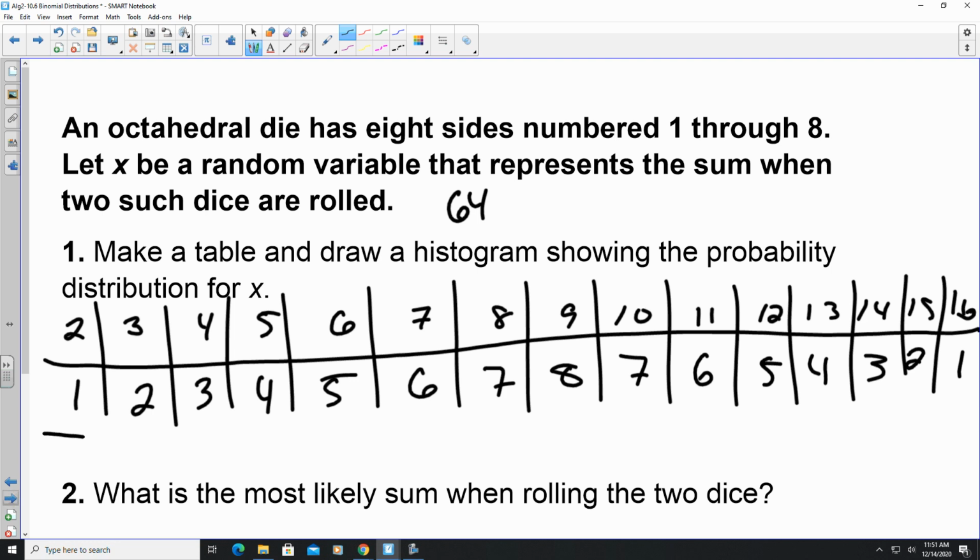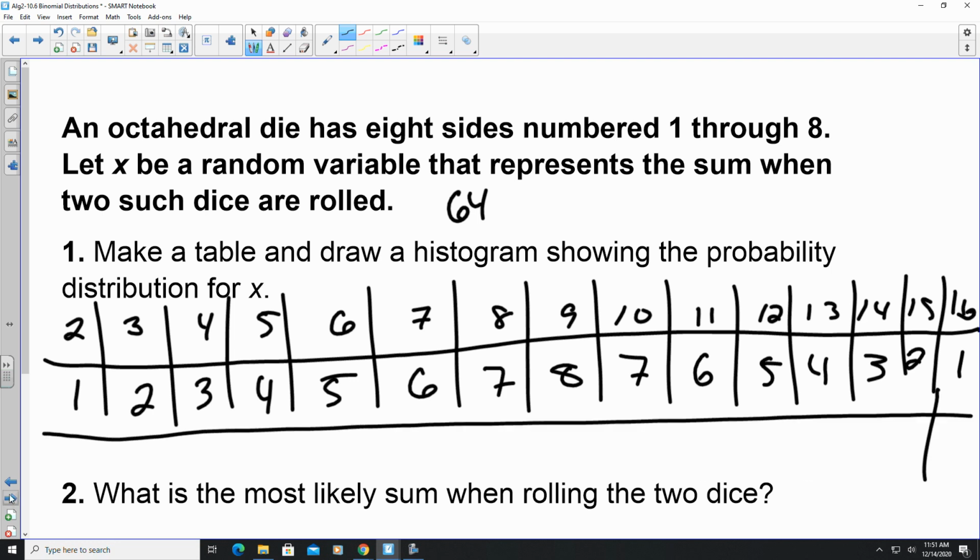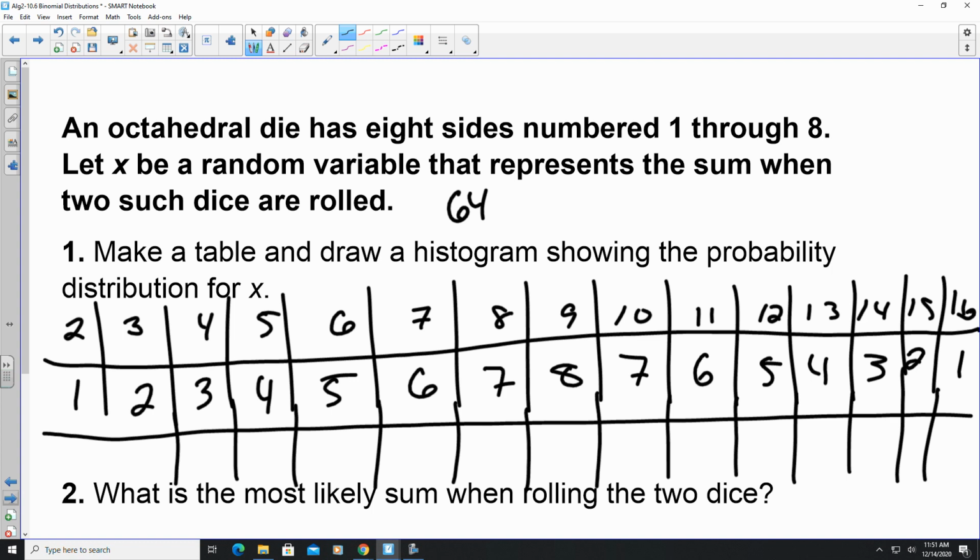And then the probability of all of these, I'll just make another chart here. The outside ones have a 1 in 64 chance. And remember, the number that I put here, 1, 2, 3, 4, whatever that is, is how many chances out of the 64 it has of getting that sum.